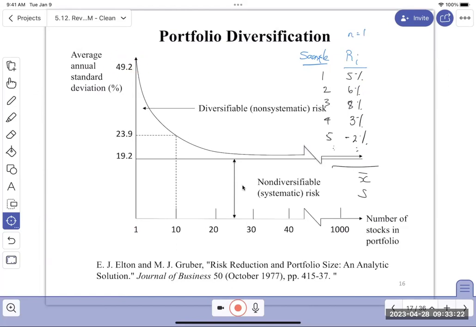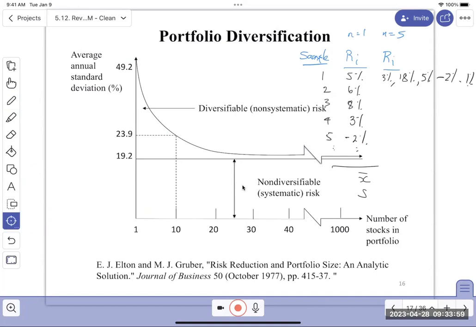So that's just using one security. That's quite high, right? Then they did 2 securities and 3 securities at a time. What did that look like? So N equals 5, let's say. They would take 5 assets and record their returns. So 3%, 18%, 5%, -2%, and 1%, let's say.